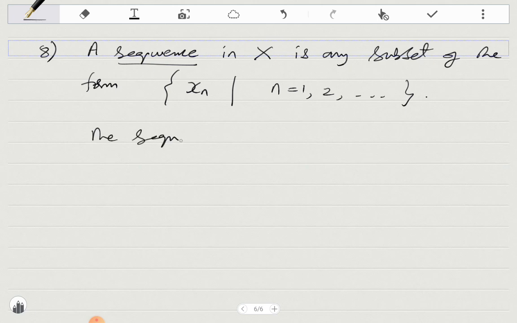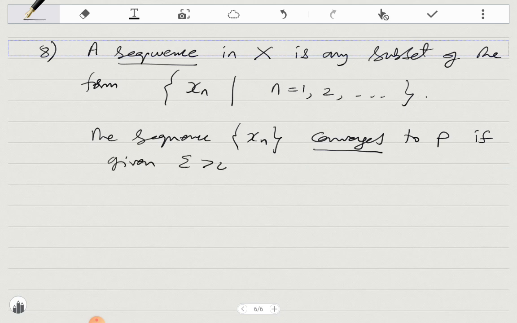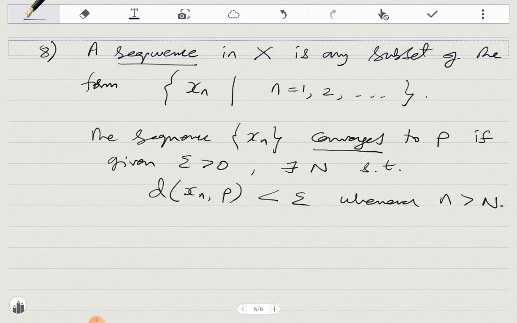The sequence Xn converges to P if, given epsilon greater than 0, there exists capital N such that the distance between Xn and P is less than epsilon whenever n is bigger than capital N.